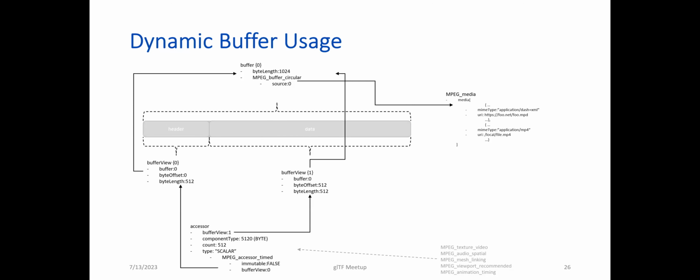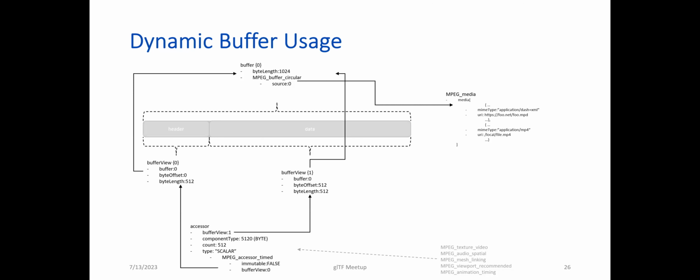For instance, for a video texture, I know for sure that the width and height of the video will not change. Even if you're doing adaptive streaming, you do post-processing to produce the same resolution of the video and then pass it in the buffer as a video texture. If you know that, then you can declare that all of these parameters are static, so no change, for instance, to the count, no change to the component type, and so on.